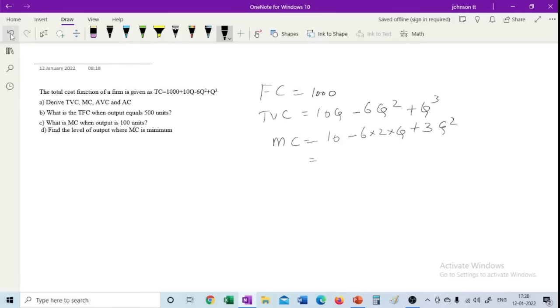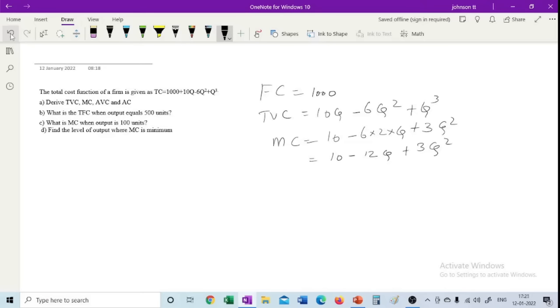So that is equal to 10 minus 12q plus 3q square. This is the marginal cost function.